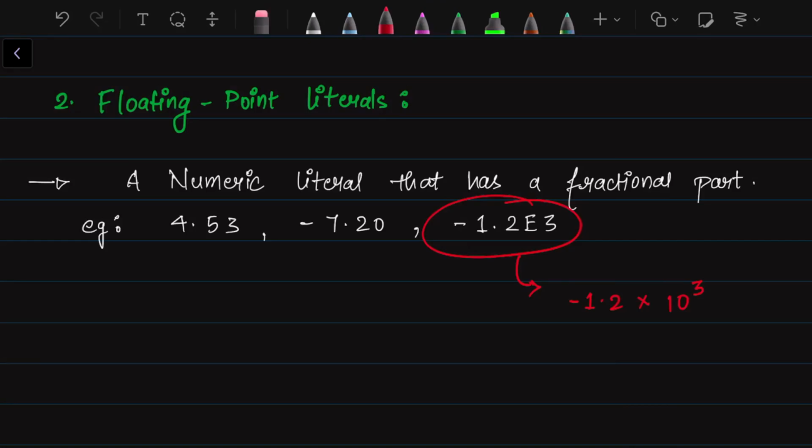So here E3 means 10 raised to power 3. Whatever value is written after the capital E, it will be 10 raised to power that value. So these are some examples of floating point literals.